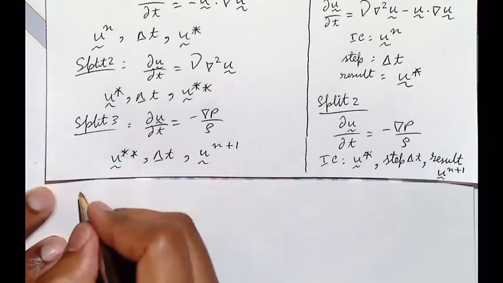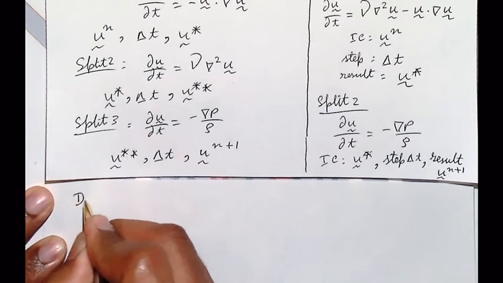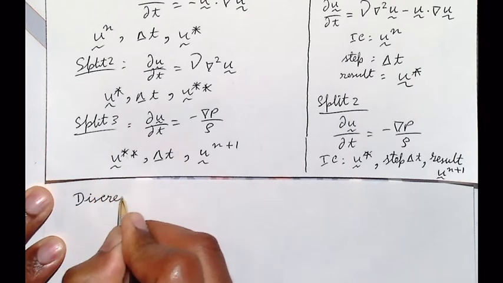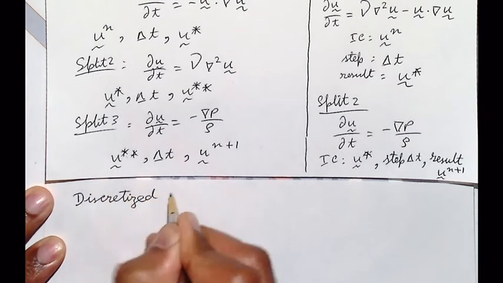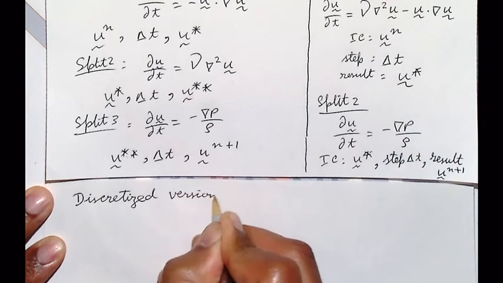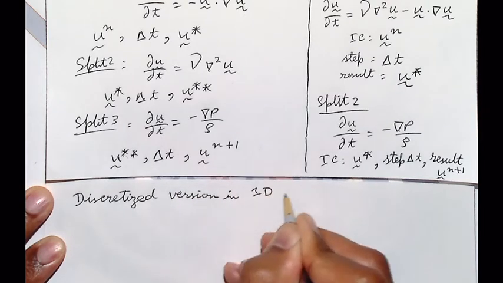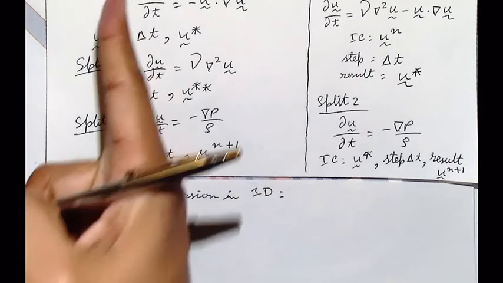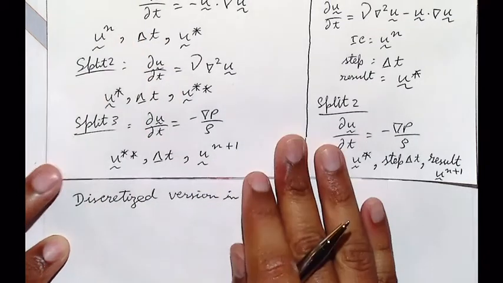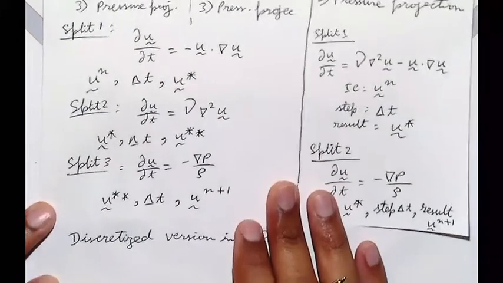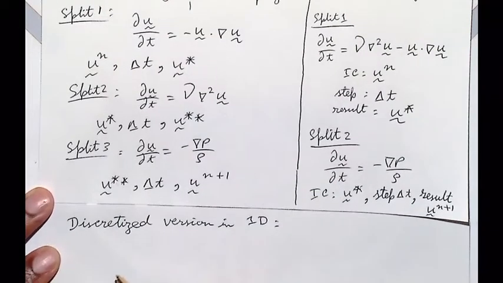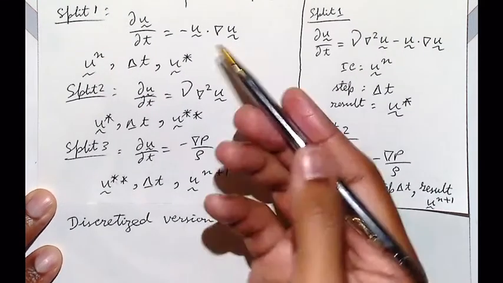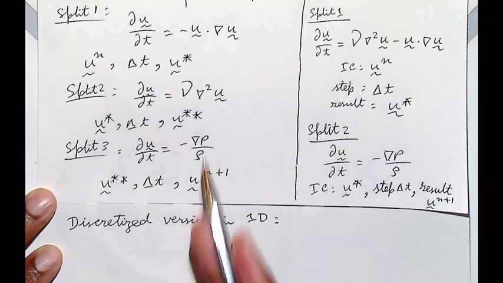Let's write the discretization in 1D. The discretized version in 1D for the steps will be, the same way as we discretized advection diffusion previously, we will do the same here.